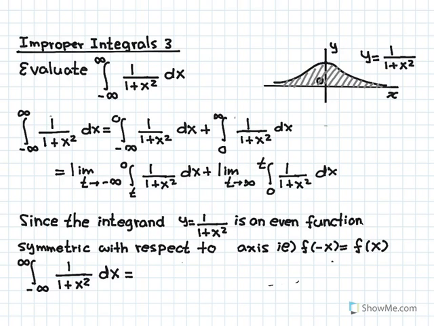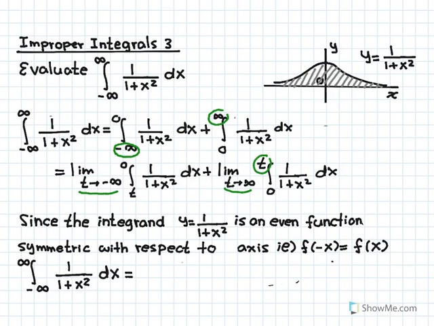So the basic idea is this. When you have a limit that's infinity or minus infinity, replace that by a variable. In this case, we decided to choose t, but you can use any variable. Then take the limit as t goes to, say, minus infinity in this case. And here we have infinity, so replace the upper limit by t, and then take the limit as t goes to infinity. That's the basic idea of improper integrals.